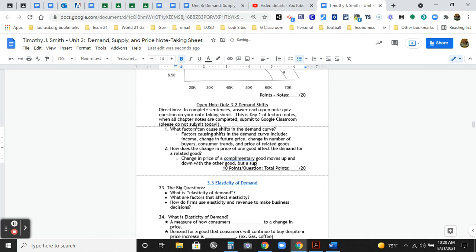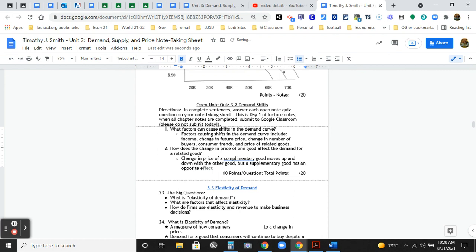But a supplementary good, oh, that was a butchering of the spelling of supplementary, but a supplementary good has an opposite effect. So if I can replace it, so if the price of Coke goes down, then I might buy that instead of Coke or Pepsi, and then so the demand for Pepsi, if demand for Pepsi goes up for whatever reason, then the demand for Coke.